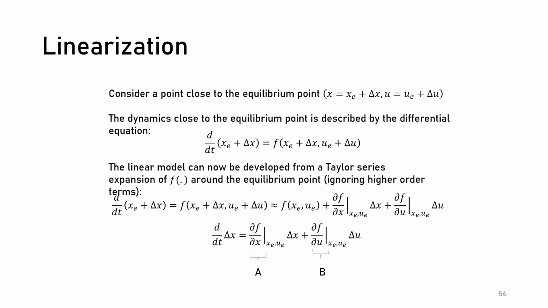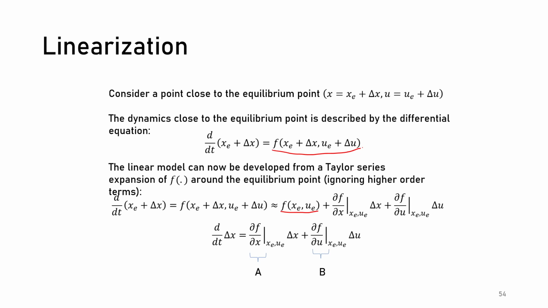So now you have this equation, and then you make this Taylor-series expansion of this function. Any nonlinear function can be expanded using Taylor-series by this term plus the first term.